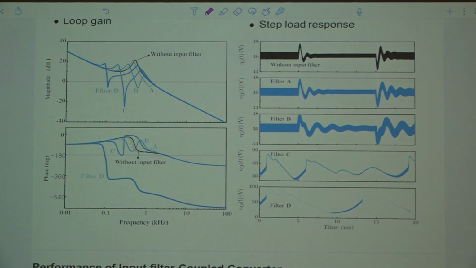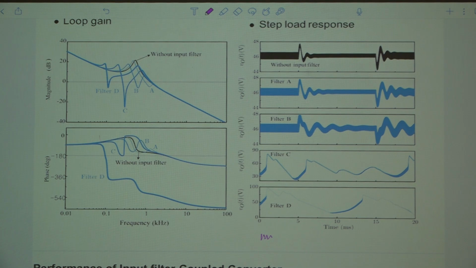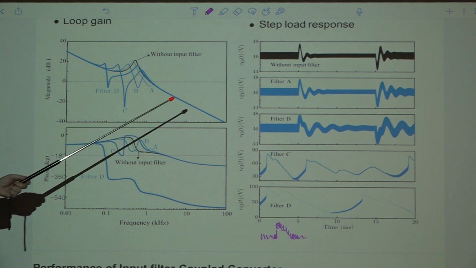Usually, if the converter is properly designed, the transient response should show something similar to this beautiful first order system characteristics. Why does this show this oscillatory behavior?